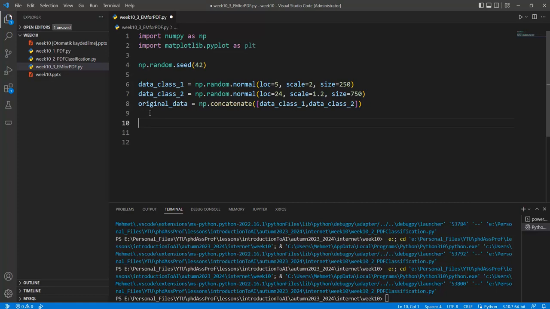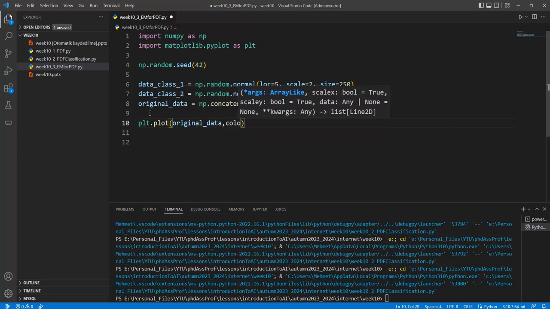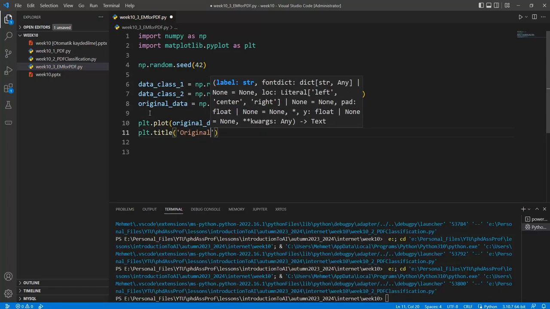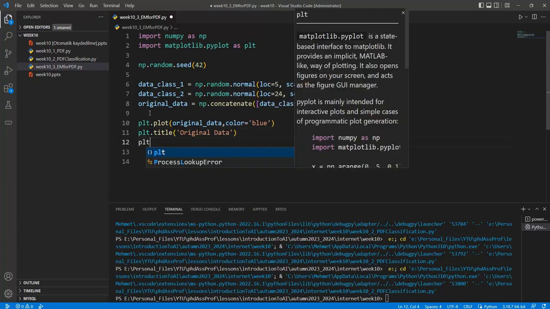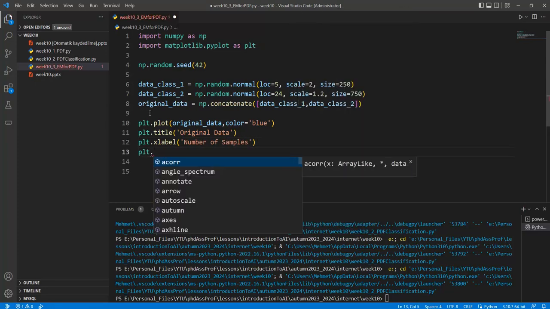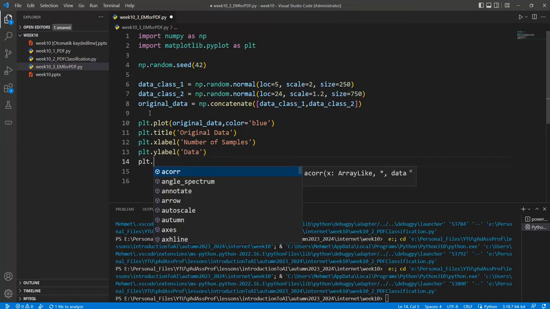Okay, and plt plot is the original data, color blue. Okay, plt title, original data, plt x label, sample numbers, number of samples, plt y label, data, and plt show.